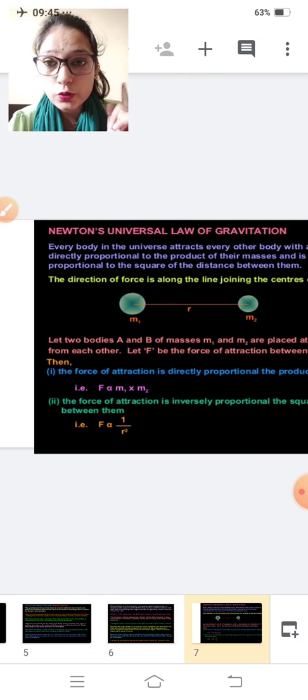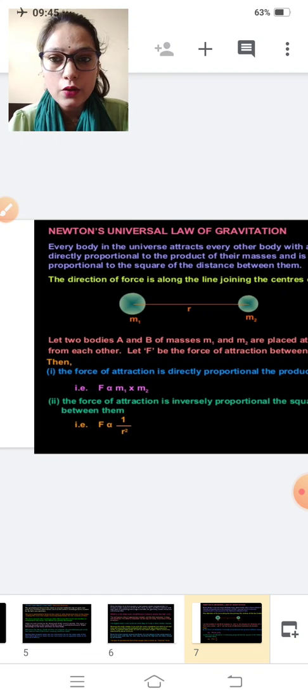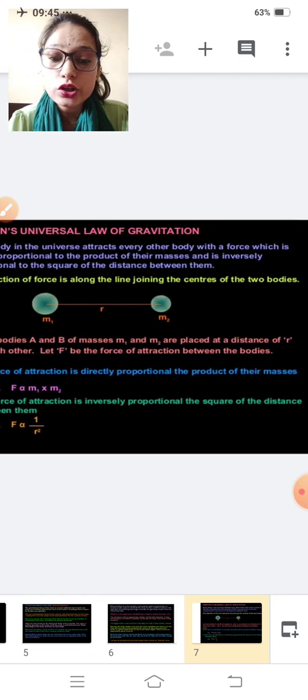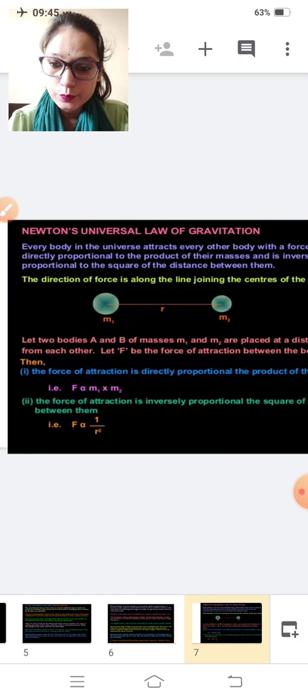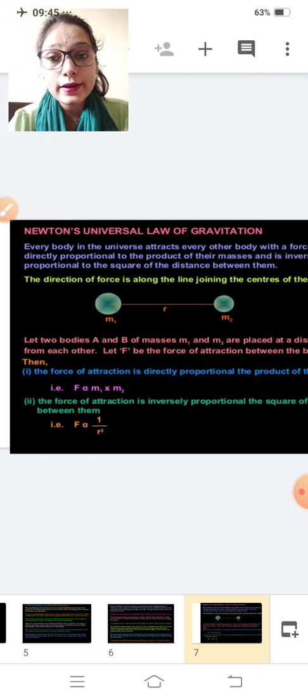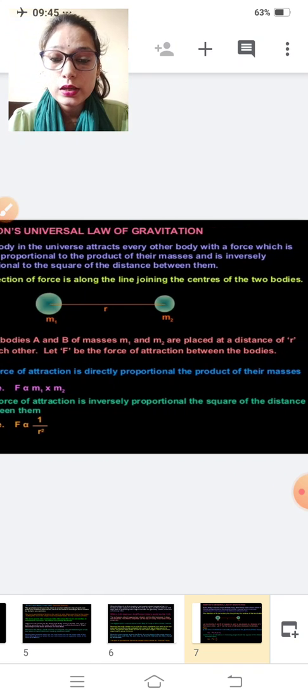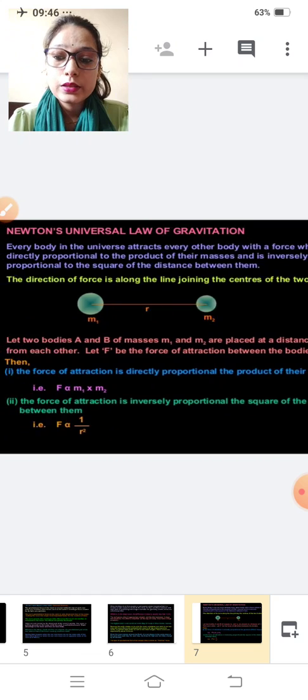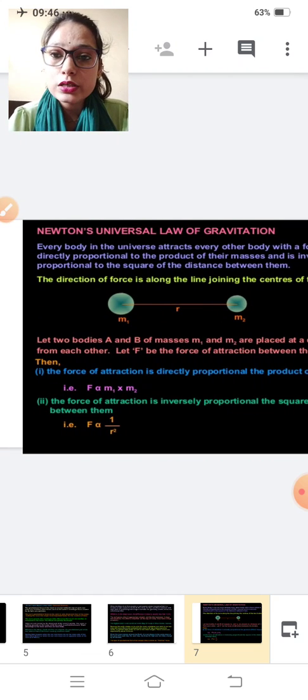So, according to the first point of the universal law of gravitation, the force of attraction is directly proportional to the product of their masses. That means F is directly proportional to m1 into m2. Is this clear to you? And the second point is the force of attraction is inversely proportional to the square of distance. That means F is proportional to 1 upon r square. Clear?